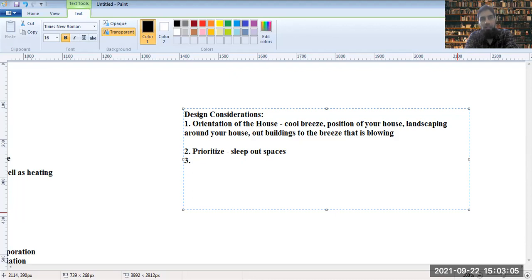Next, we also should have shaded outdoors. Now, certain areas in the outdoors which are shaded, we usually do not provide in our architectural designs in our houses here. We do not keep shading places outside our house.